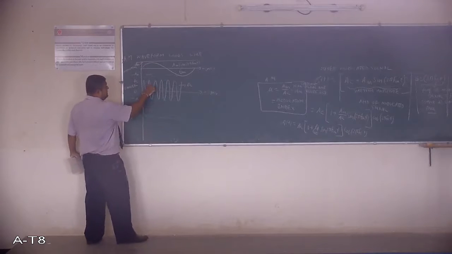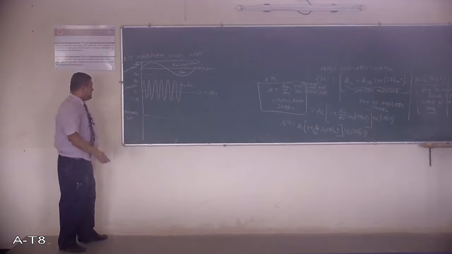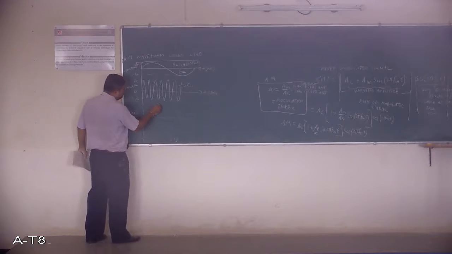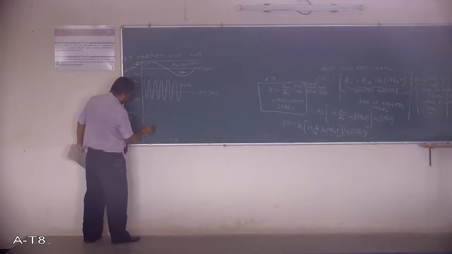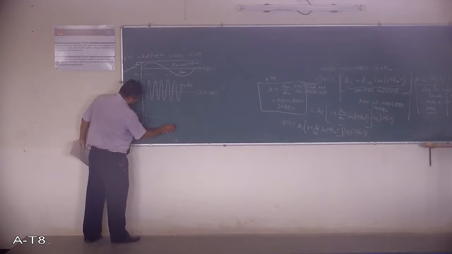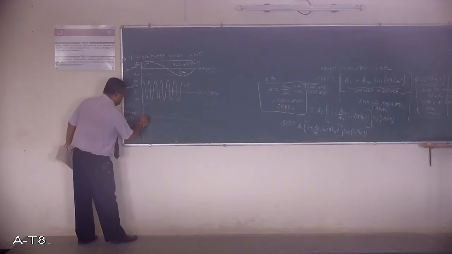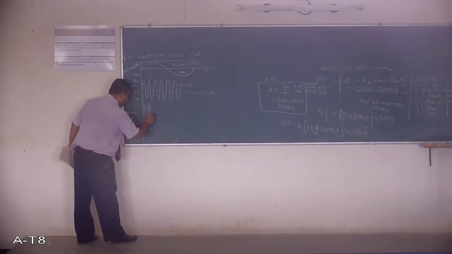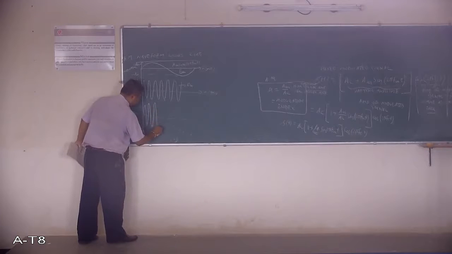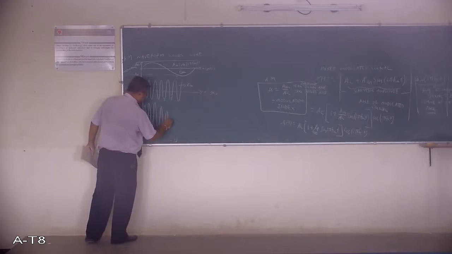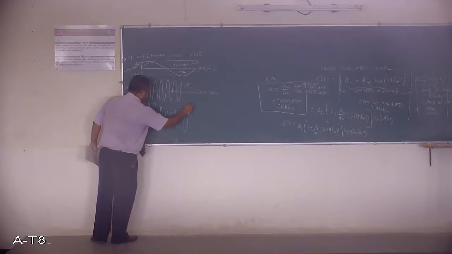On this signal, the modulating signal overrides. So how do I show that? Like this, like this, and inside I fill it up with carrier frequencies. So this is amplitude modulated waveform, like this.